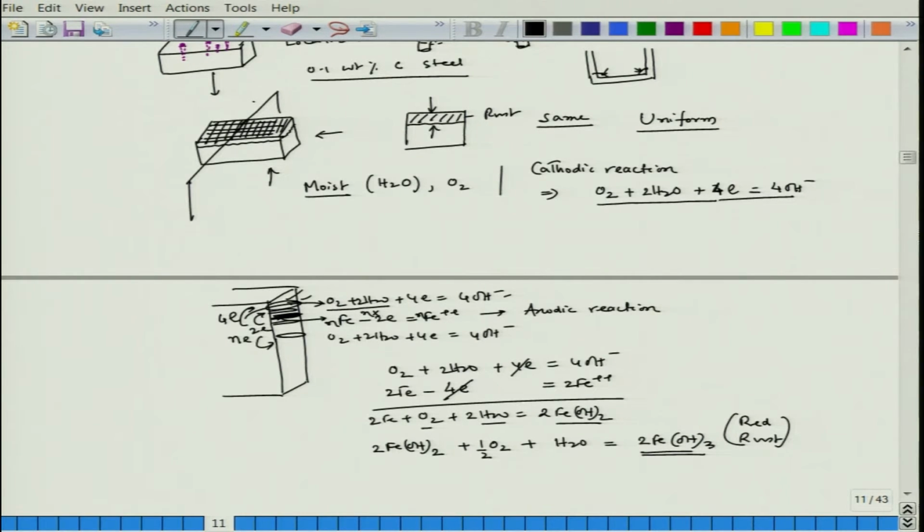If one time one particular place is cathode, the surrounding place would be anode, and the second time the surrounding place could be cathode, and the portion which was cathode earlier could be anode. So, this rust would form over the entire segment.